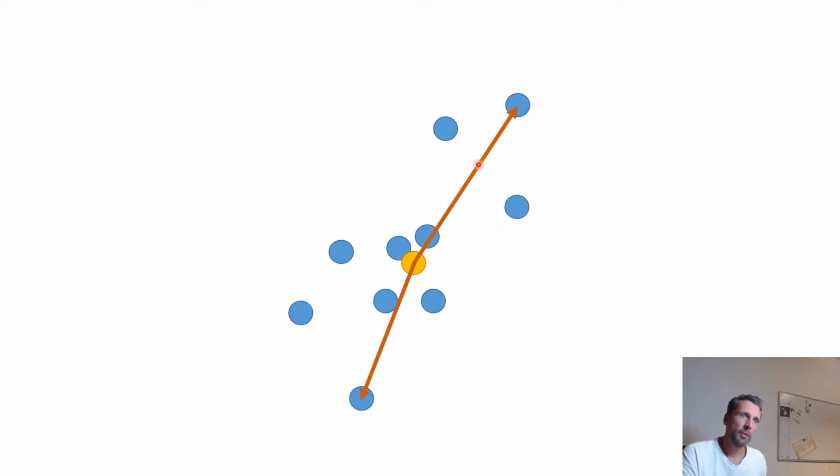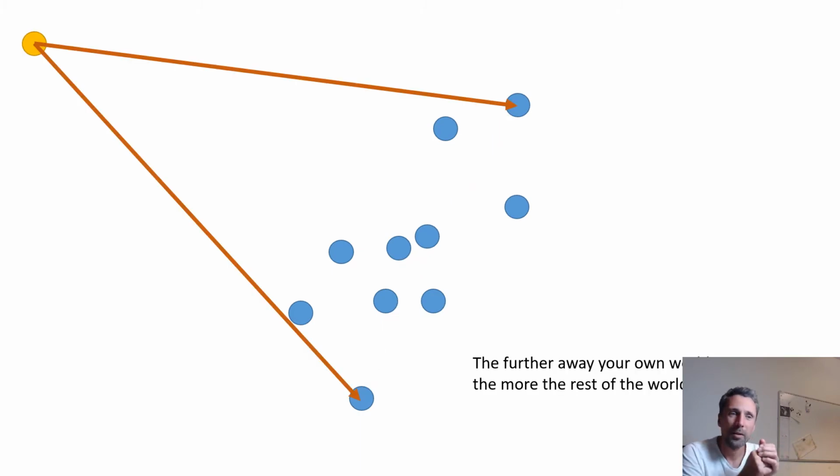If you have two vectors, one pointing there, one pointing there, the projection is negative, so these will be very dissimilar. Now, if your reference point is very far away from the point cloud, the rest of the world will appear very similar. Comparing these two vectors from this reference will appear very similar, and will give you a positive dot product.